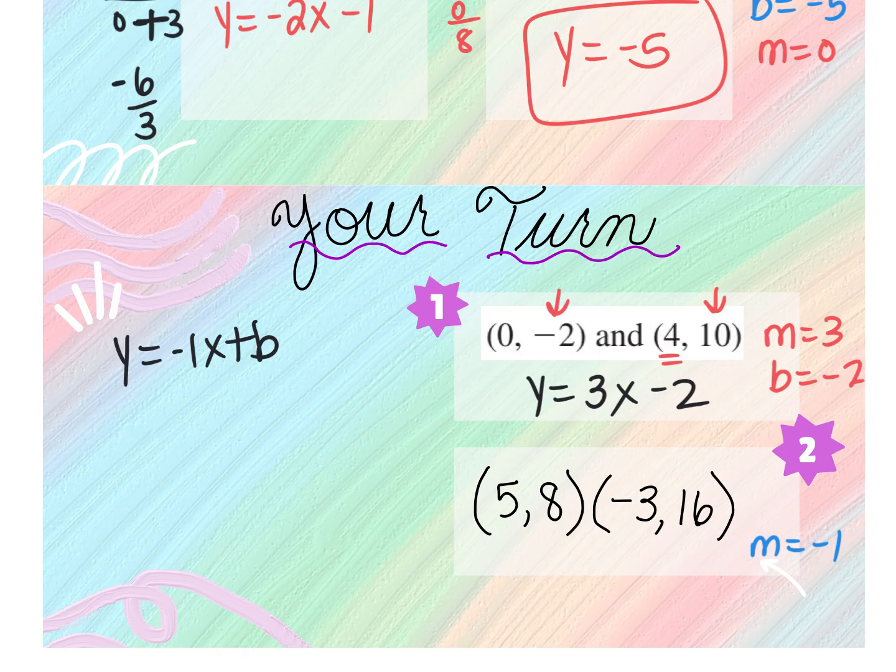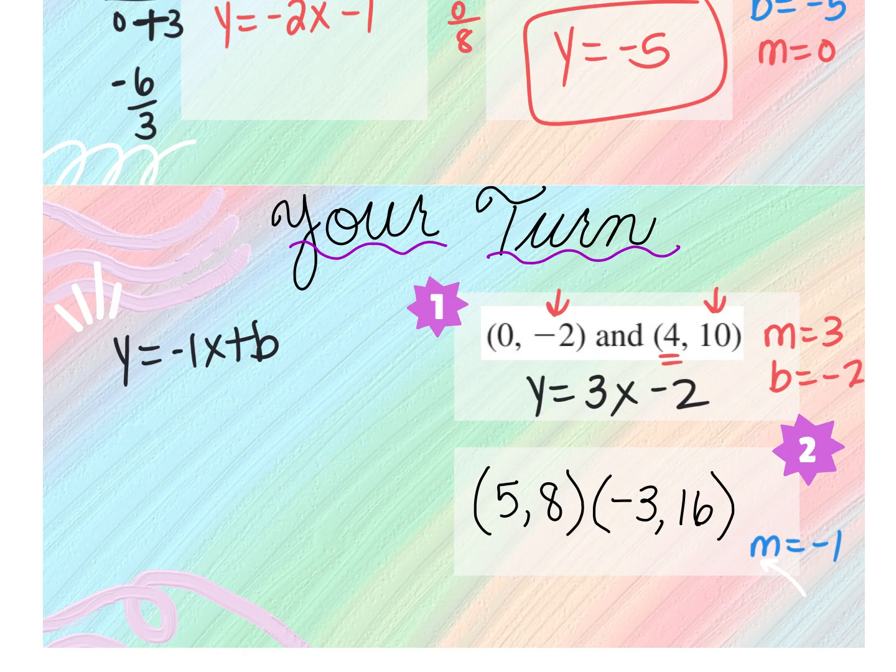When you have an x and a y, that's basically telling you y is equal to, didn't we say many times that your x is independent and your y is dependent on what x is? I want you to think about how many ordered pairs were given to you here. 2. Each ordered pair is made up of an x and a y.